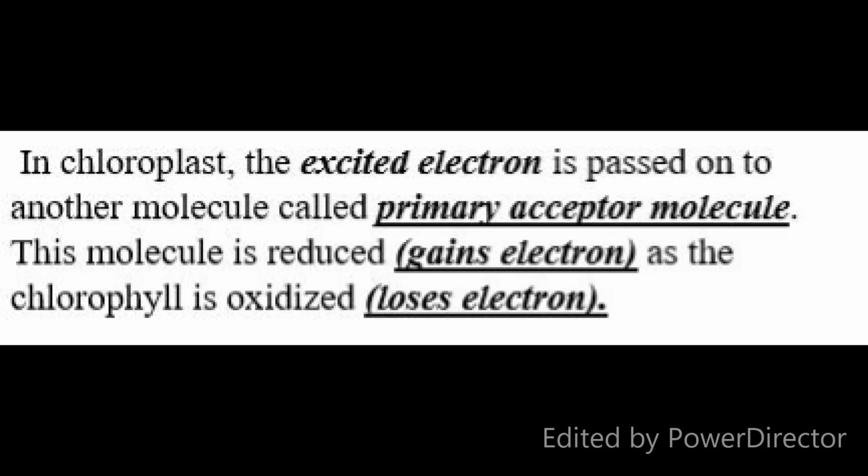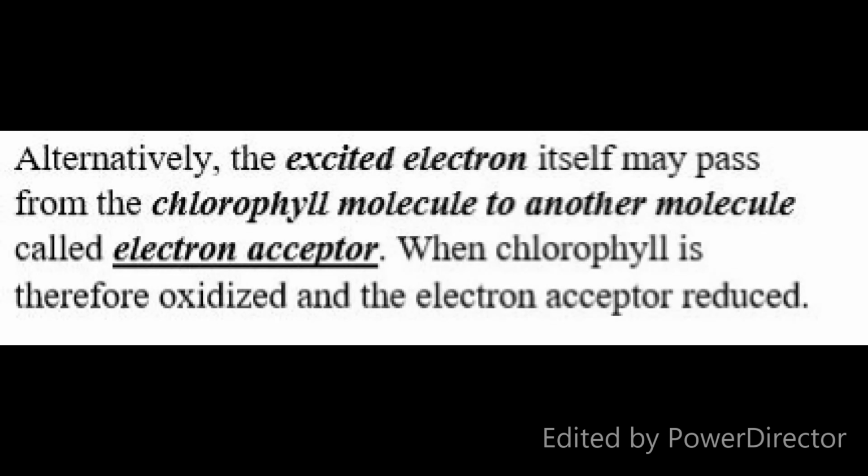In the chloroplast, the excited electron is passed on to another molecule called the primary acceptor molecule. This molecule is reduced, or gains an electron, as the chlorophyll is oxidized, or loses an electron. Alternatively, the excited electron itself may pass from the chlorophyll molecule to another molecule called an electron acceptor.